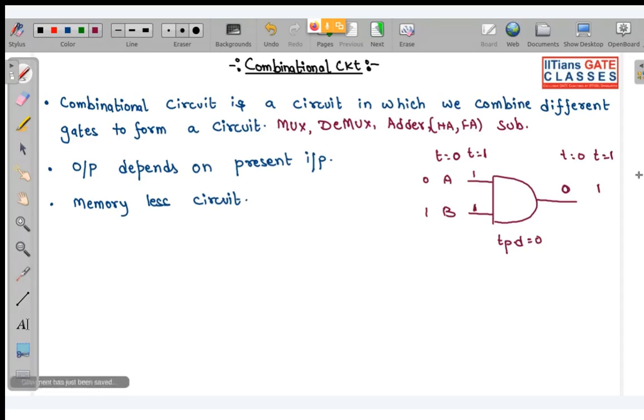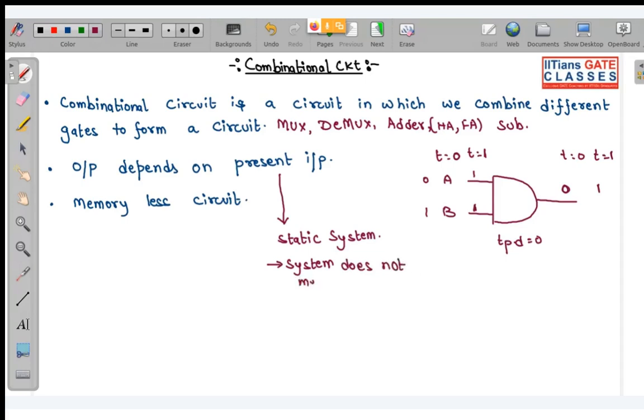Yes. So I was telling that in your combinational circuit, basically the present output depends on the present input. If you have studied signal and system, you might know that such kind of system is known as static system. Static system means that a system does not have memory.